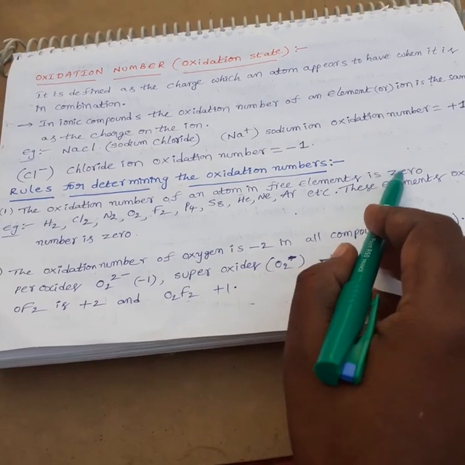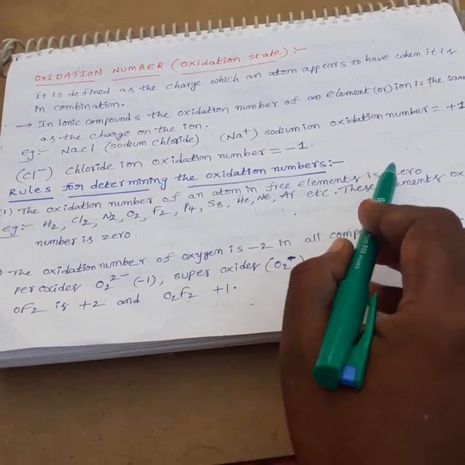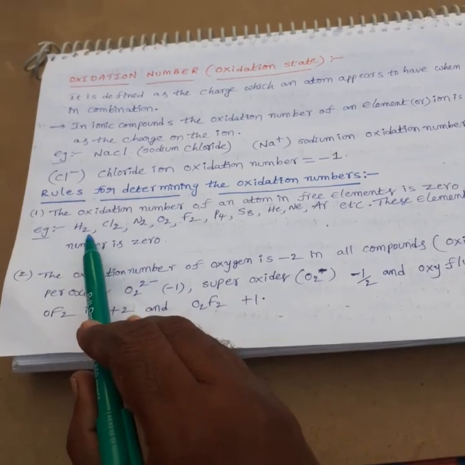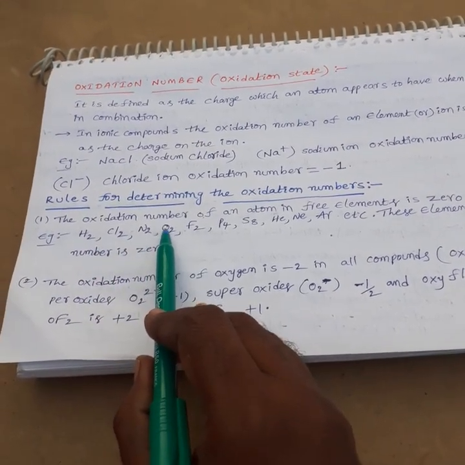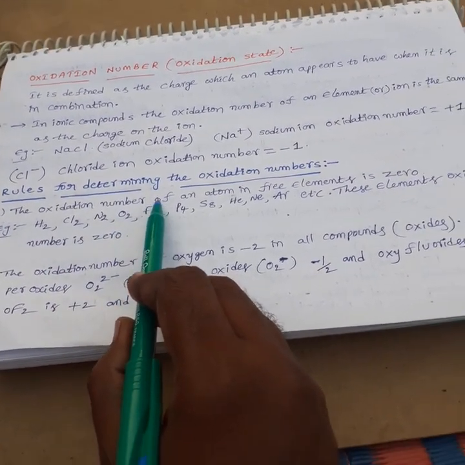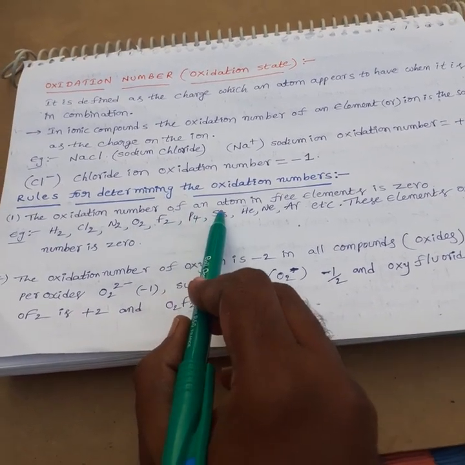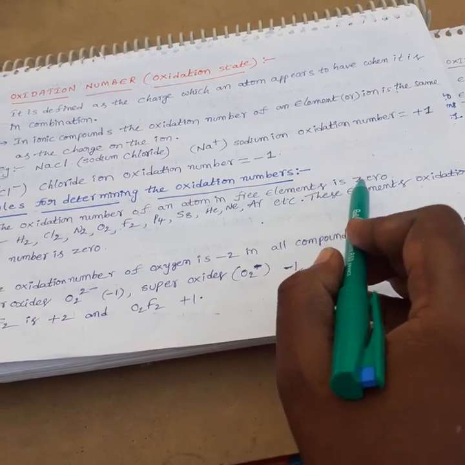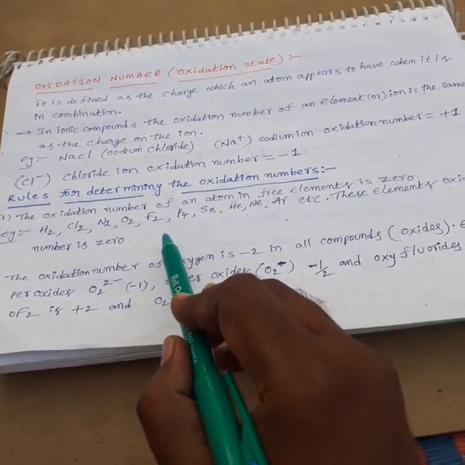What is the meaning of this? Like it is in the form of H2, Cl2, N2, O2, F2, P4, S8, He, Ne, Ar, etc. These elements' oxidation number is 0.